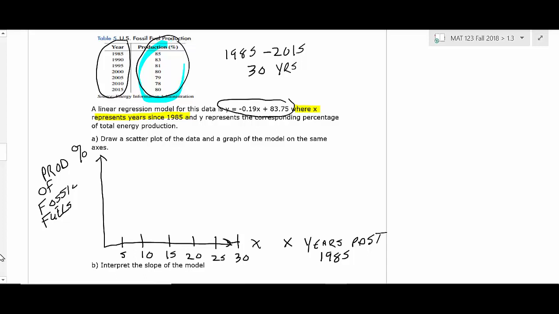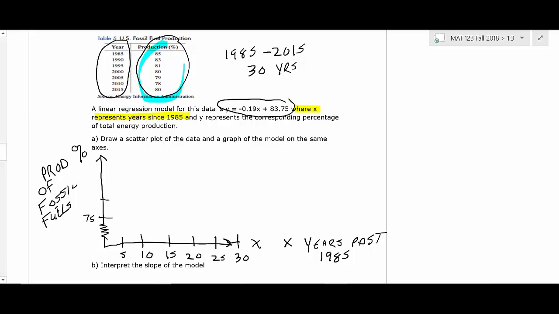What you can do, instead of starting at 0 and then going all the way up to 80 and so on, is put this little squiggly line, and then start at, let's say, 75, because the smallest number I see there is 78.